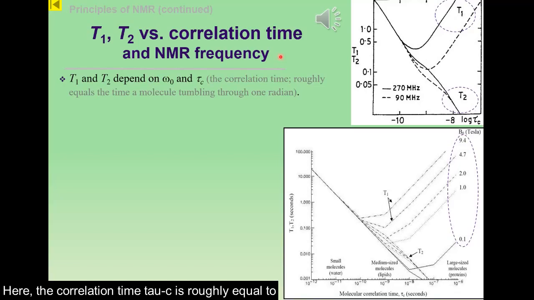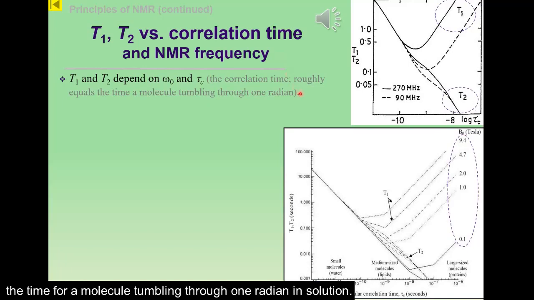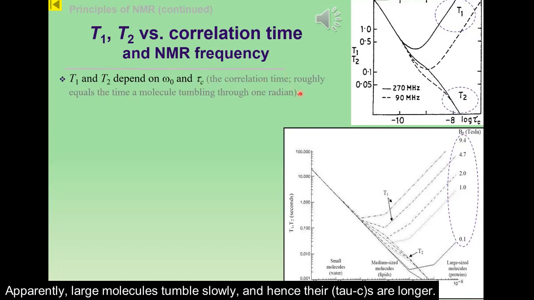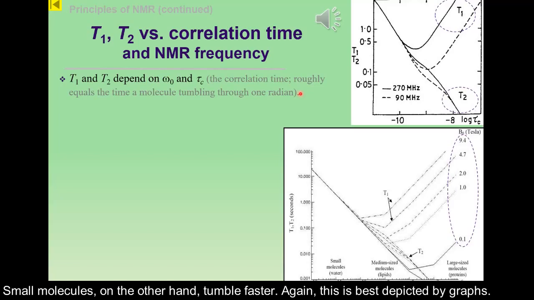Here, the correlation time tau c is roughly equal to the time a molecule takes to tumble through 1 radian in solution. Apparently, large molecules tumble slowly, and hence their tau c's are longer. Small molecules, on the other hand, tumble faster.